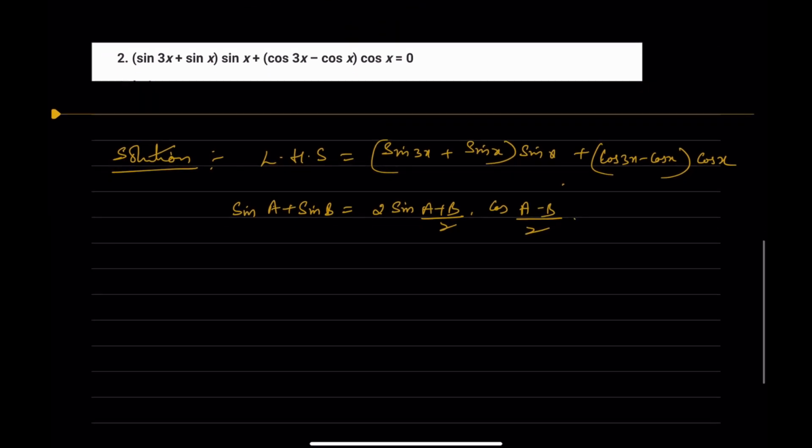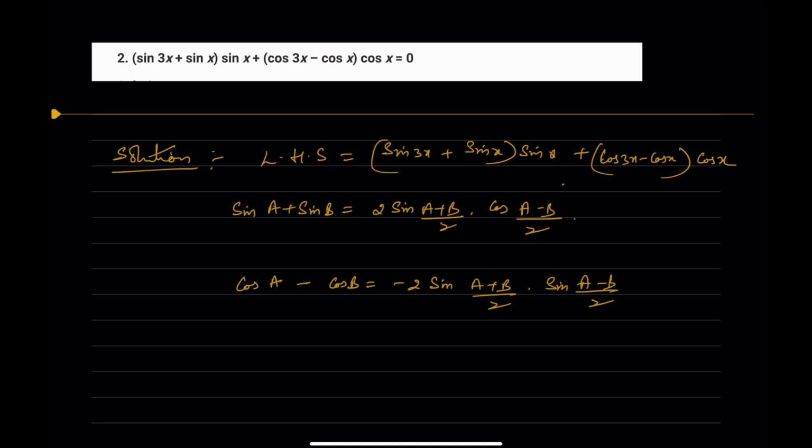And what is cos A minus cos B equal to? It is equal to minus 2 sin A plus B by 2 into sin A minus B by 2.